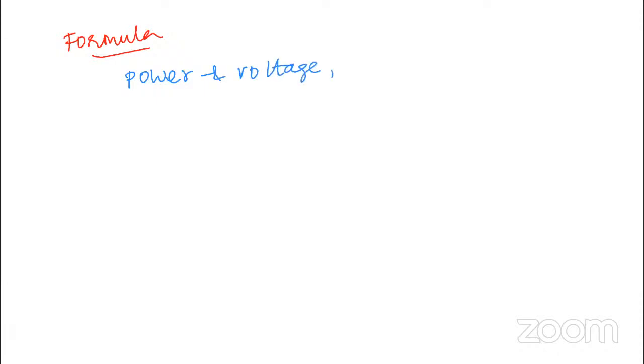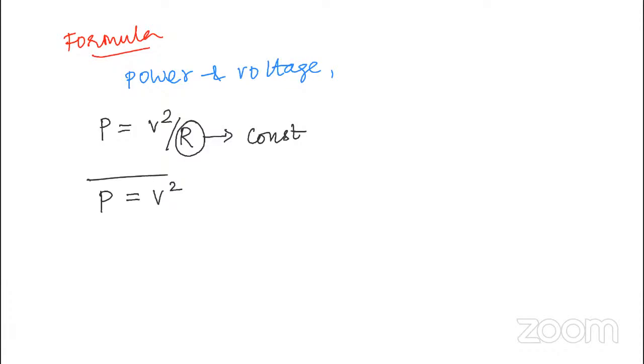The formula is P is equal to V square by R. Right? V square by R. From the problem we have to notice that no resistance value is given, so we take resistance as a constant value. So here we write P is equal to V square alone. This is the only thing we are going to take.